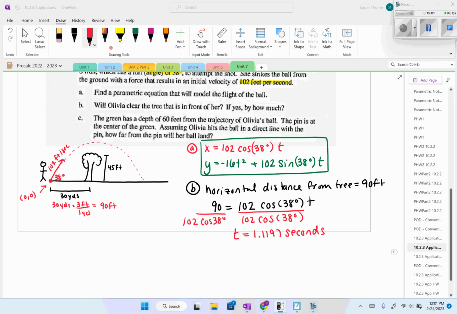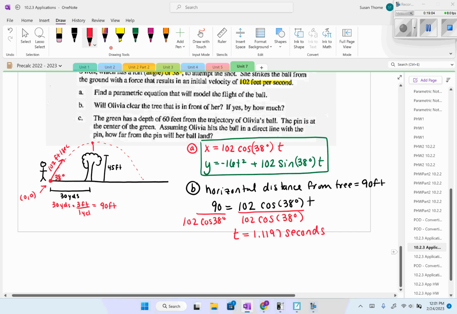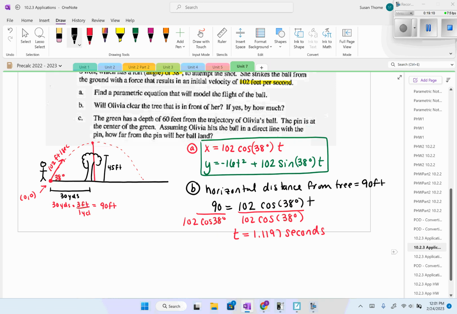So now that I know the time, then I can figure out what my actual height is above the ground using my y equation, because that's my vertical distance. So y is equal to negative 16 times 1.1197 squared plus 102 times the sine of 38 degrees times the 1.1197.